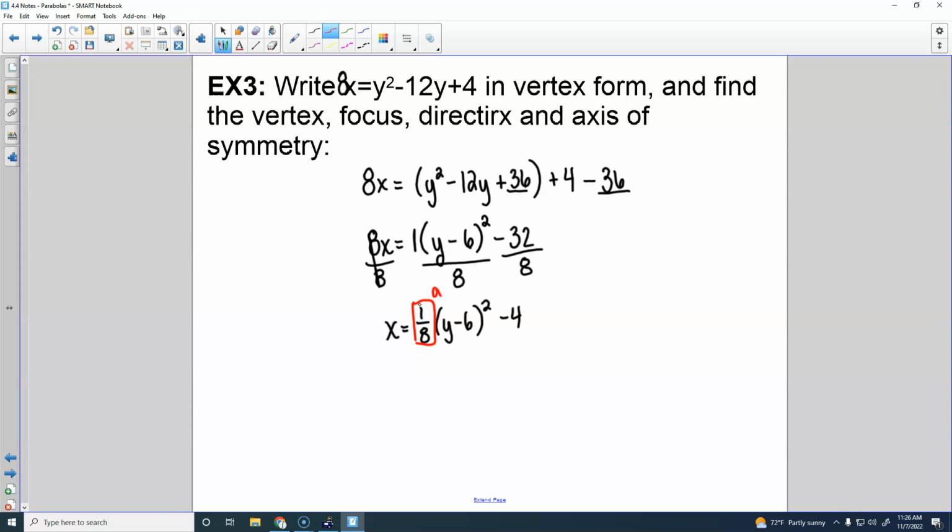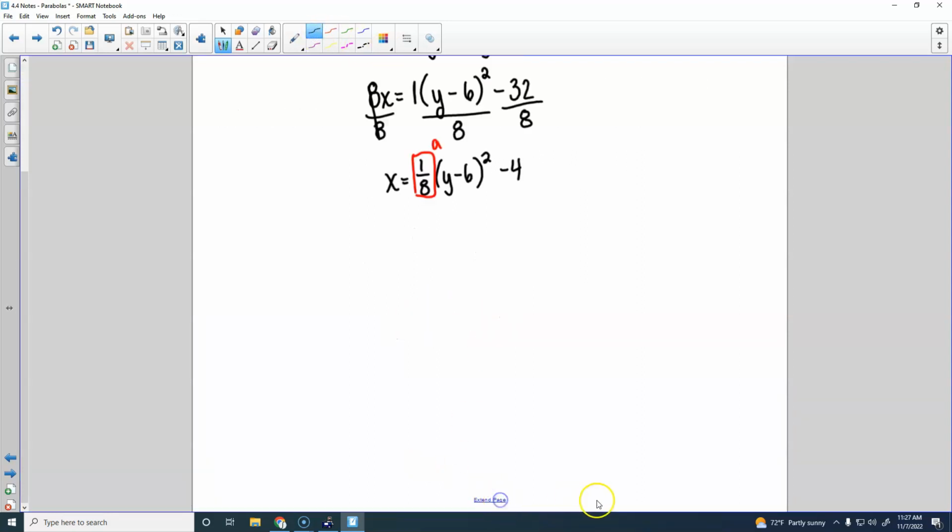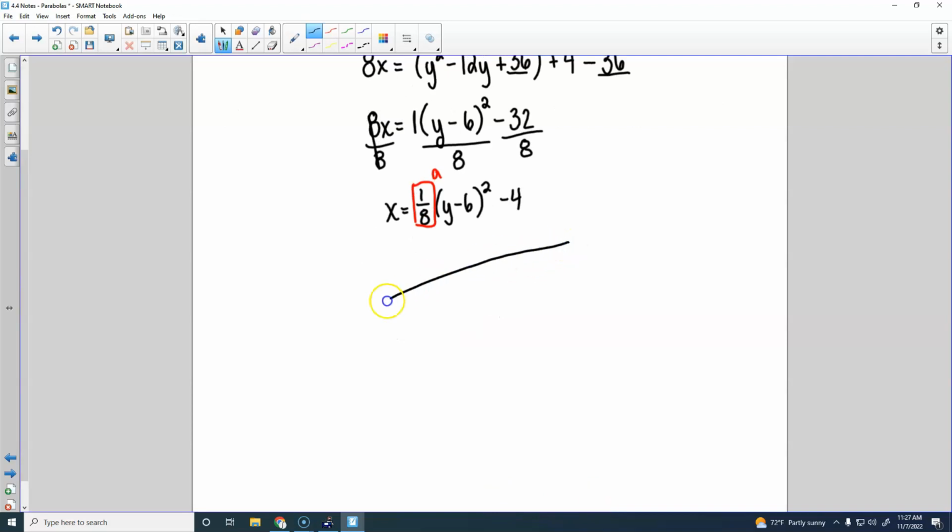Okay, good. So now we have it in vertex form. Is this one going to open up, down, left, right? Which one's it going to be? Okay, left or right? Since my a is positive, is it going to be left or right? Right. Okay, so this is going to be a parabola that opens to the right.